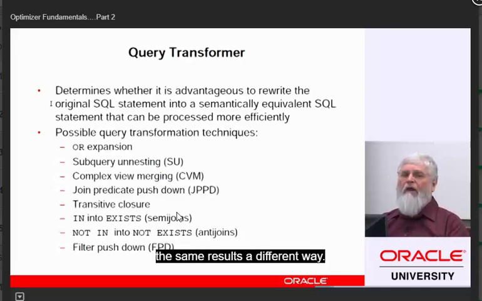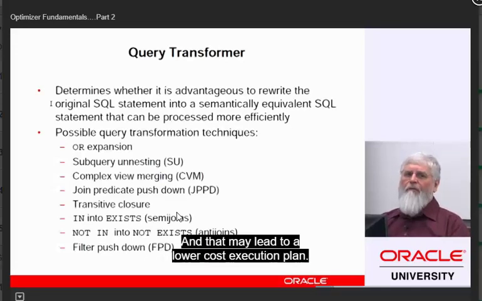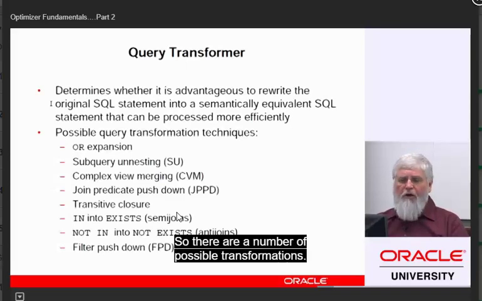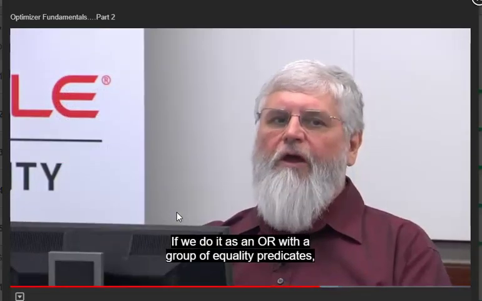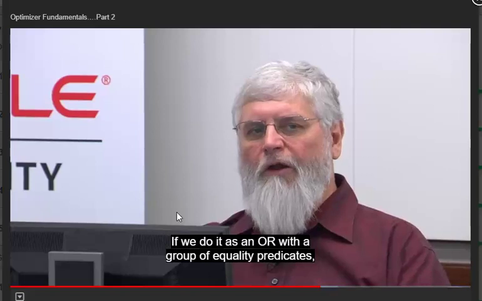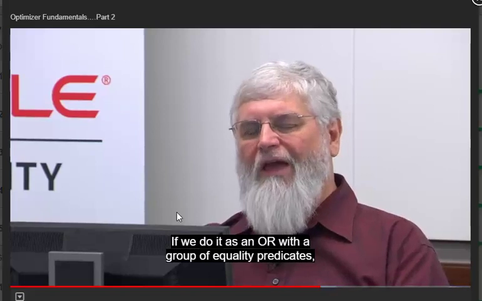Well, they talk about the OR expansion. If we do it as an OR with a group of equality predicates, we can't use an index. If we ANDed them together, we could use an index. There are cases where we can rewrite it so it's expressed with an AND instead of an OR to give us the same information.